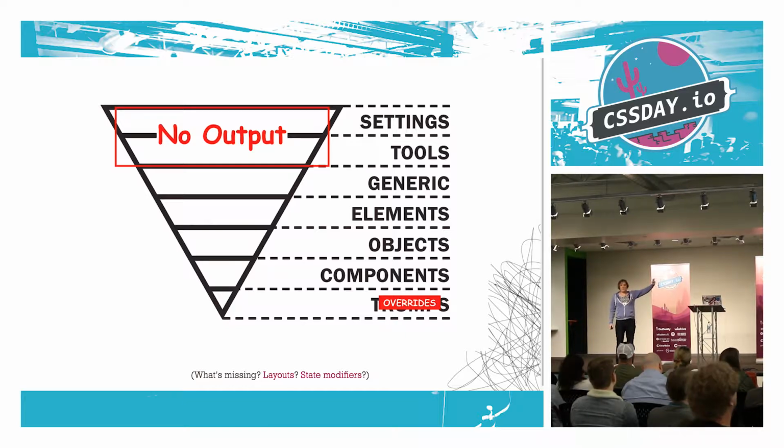And to me, it's very important to keep those separated out, because if I can keep my entire config and toolkit in a place where it can be pulled in individually without any CSS output, I can just grab that and put it anywhere that I need my system. The entire system core lives there. All of the rules about how the system is going to work live at the settings and tools level. And then we start dealing with actual code for the actual site.